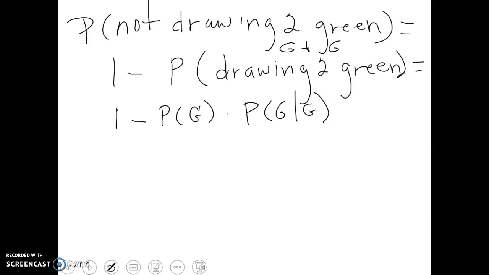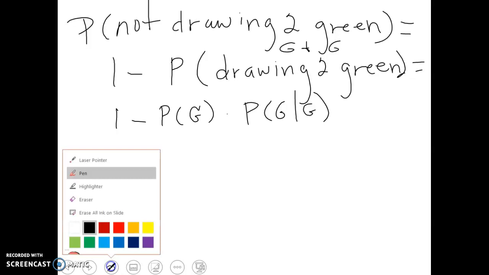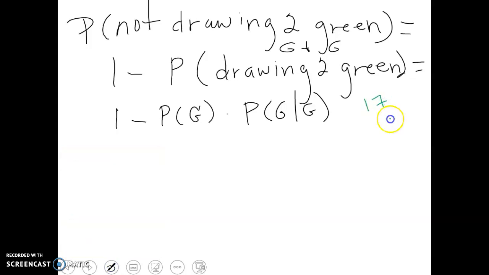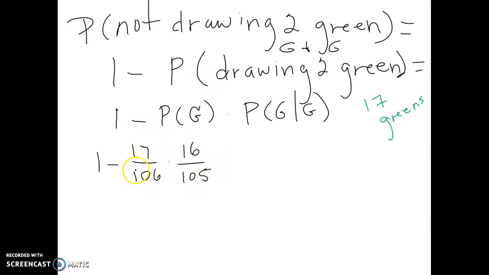Now, hopefully I remember correctly, there were 17 greens. So we have 1 minus 17 over 106 times, if we take out a green, that leaves 16 green out of 105. And if all I did was find the probability of this part right here, 17 over 106 times 16 over 105, that would give me the probability of drawing two greens. To find the complement of it being not two greens, I would subtract that from 1.